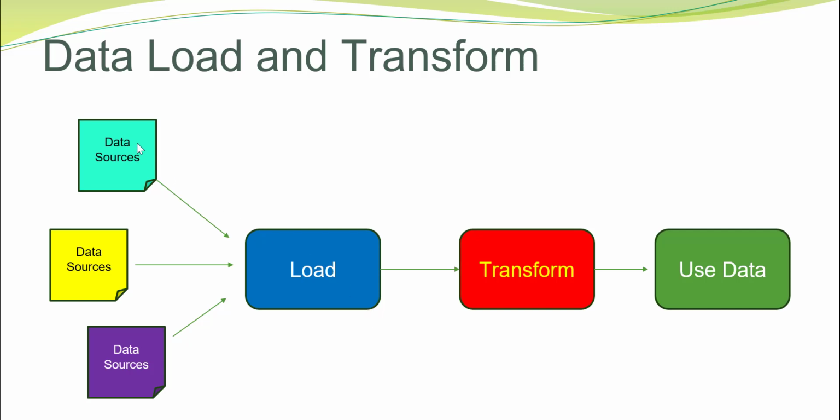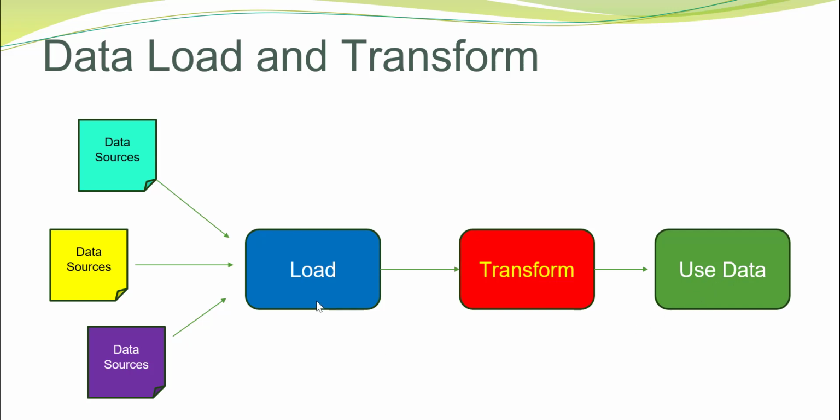Next, let's explain the data load and transform process in Power BI. The left hand side is the data sources. You might have multiple data sources, and then you will load the data from different data sources and then do a transformation. After you finish transformation, you can start to use the data.